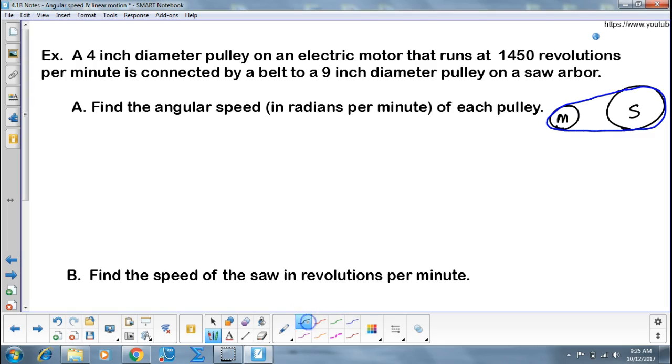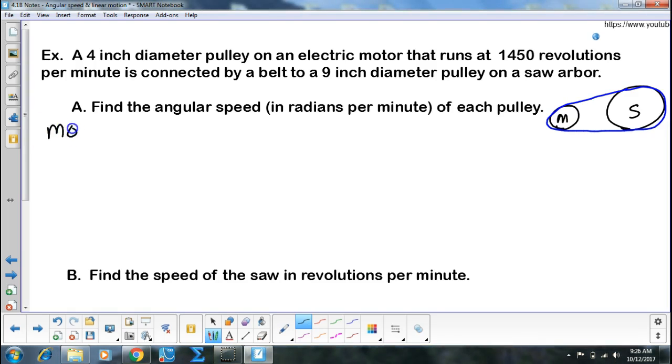Well, the motor here is spinning at 1,450 revolutions per minute, correct? Okay.